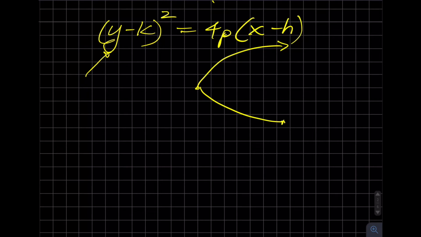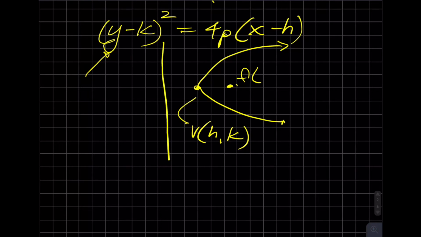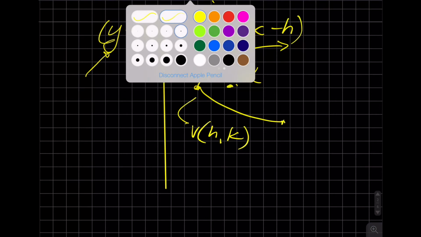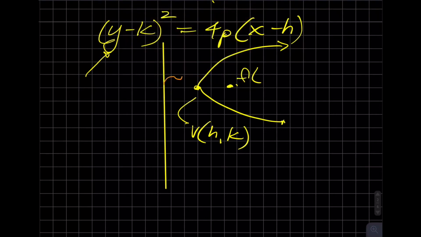It still has a focus, so let's just call it F. This still has a vertex that's h comma k. And there's still a directrix that's like this line. And the distances to these are still p and p. Now, what do you think is true if p is negative?